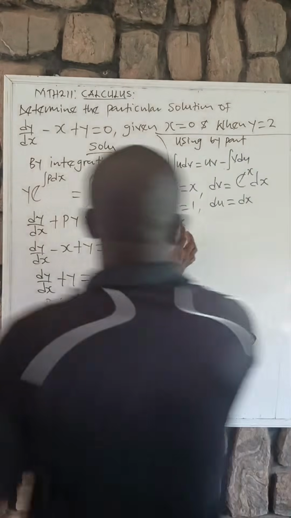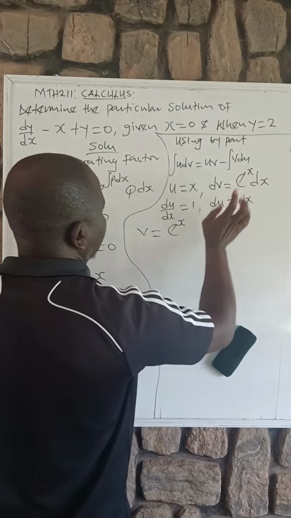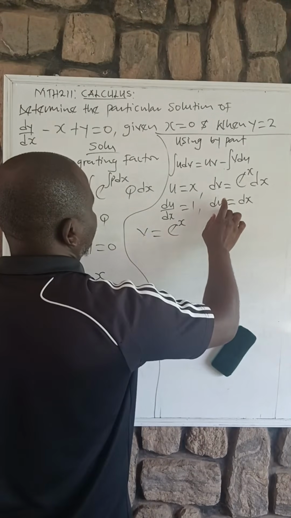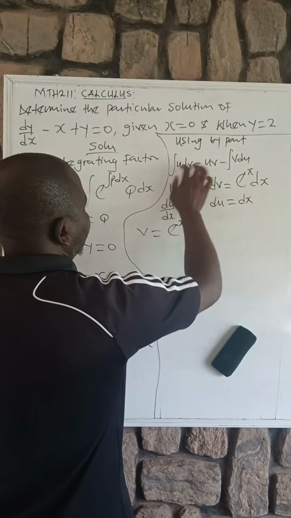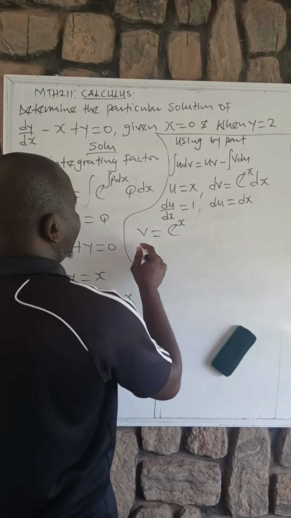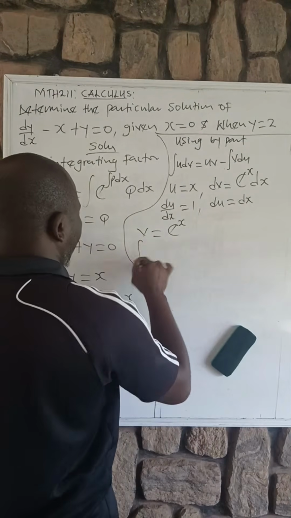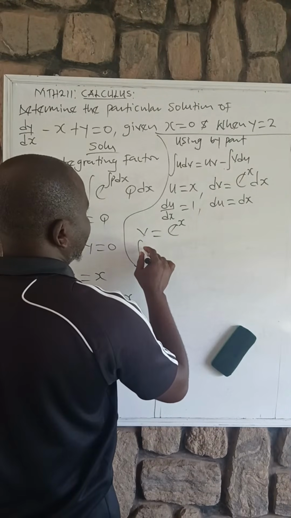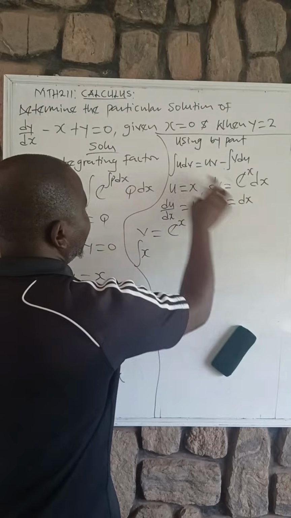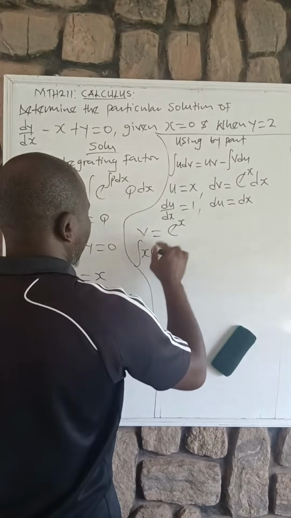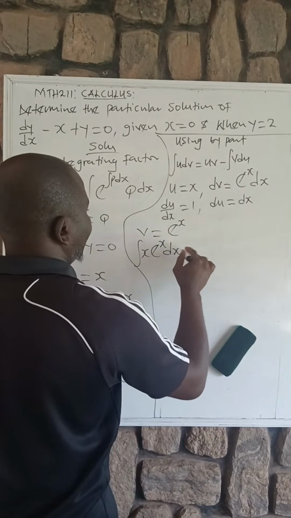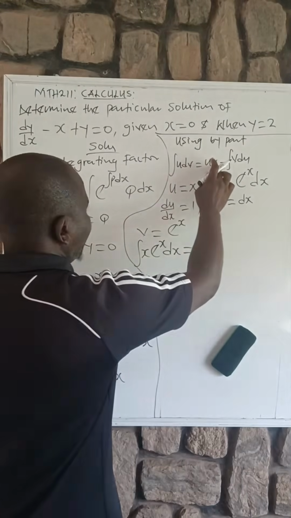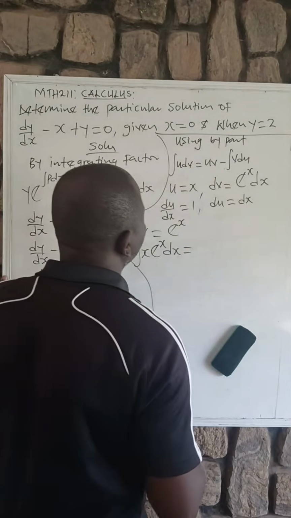So we have to substitute this and this into this formula. Therefore we have integral u dv, where u is x and dv is exponential x dx, equals uv.